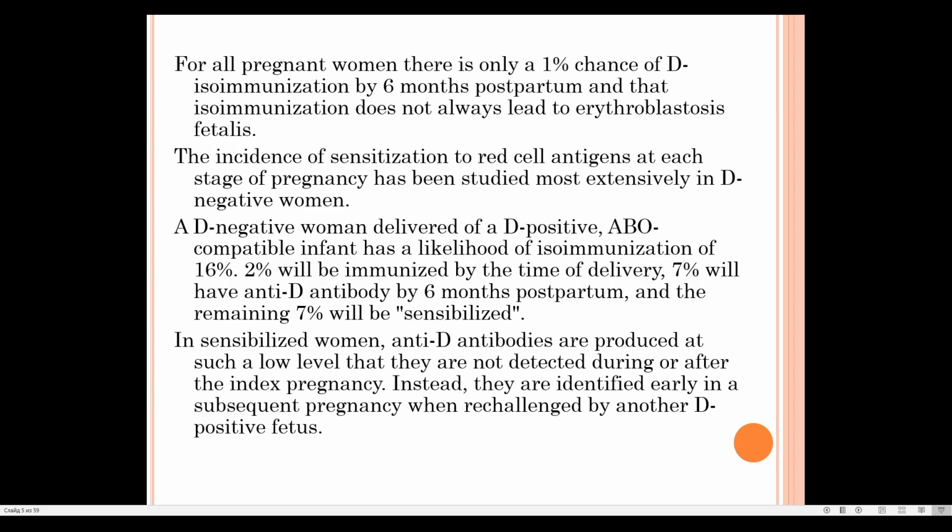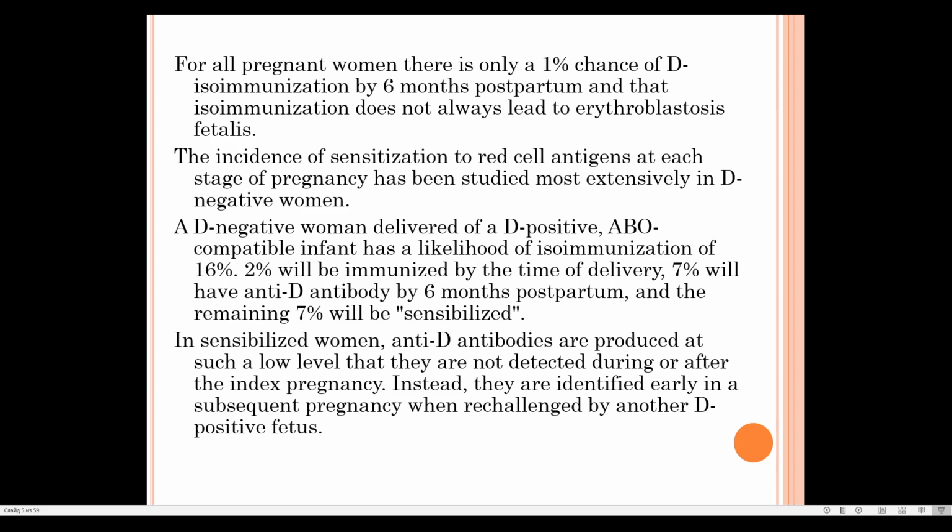A D-negative woman delivered of a D-positive ABO-compatible infant has a likelihood of immunization of 16%. 2% will be immunized by the time of delivery, and 7% will have anti-D antibodies by 6 months postpartum, and the remaining 7% will be so-called sensibilized.